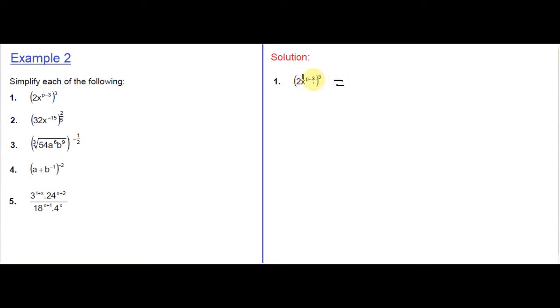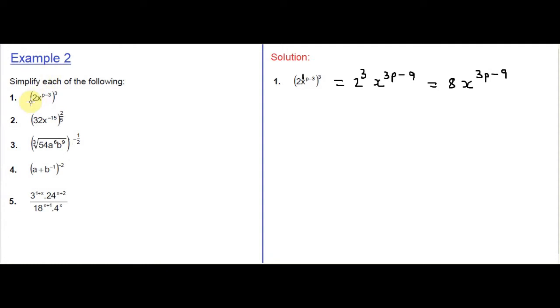So then multiplying the powers, the power of 2 is 1. So 1 times 3 is 3. So 2 cubed. Then p minus 3 times 3 is 3p minus 9. And it's simply going to be 8 times x to the power of 3p minus 9.